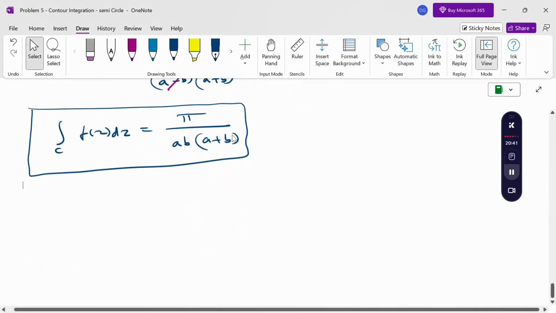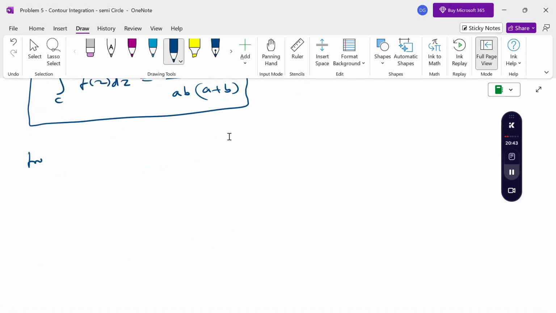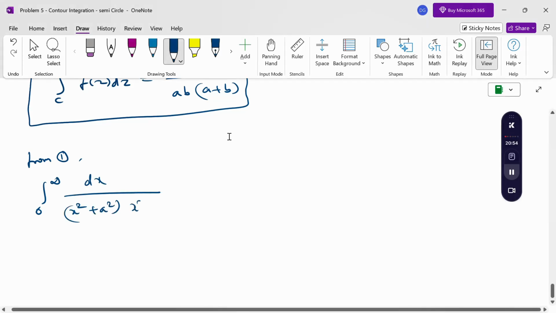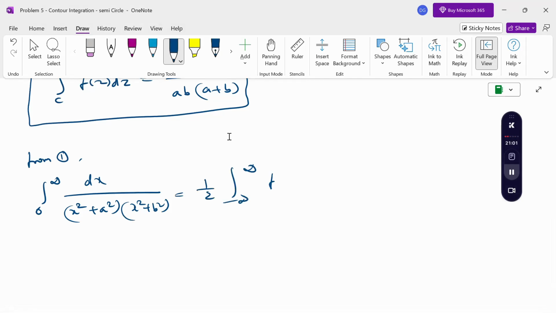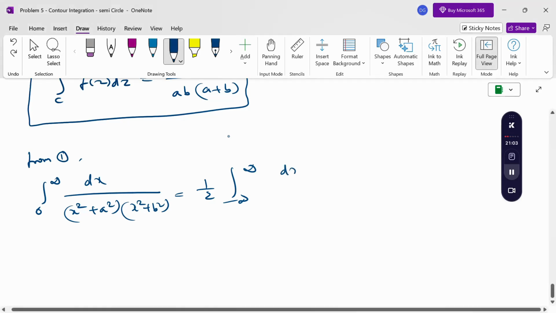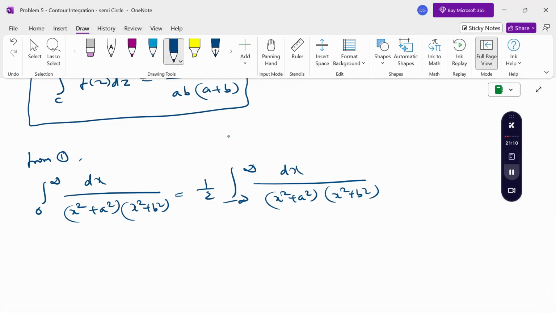Now from 1, and before that, from 1, integral over 0 to infinity dx by (x square plus a square)(x square plus b square) equal to 1 by 2 times integral from minus infinity to plus infinity dx by (x square plus a square)(x square plus b square). So now what is the condition?